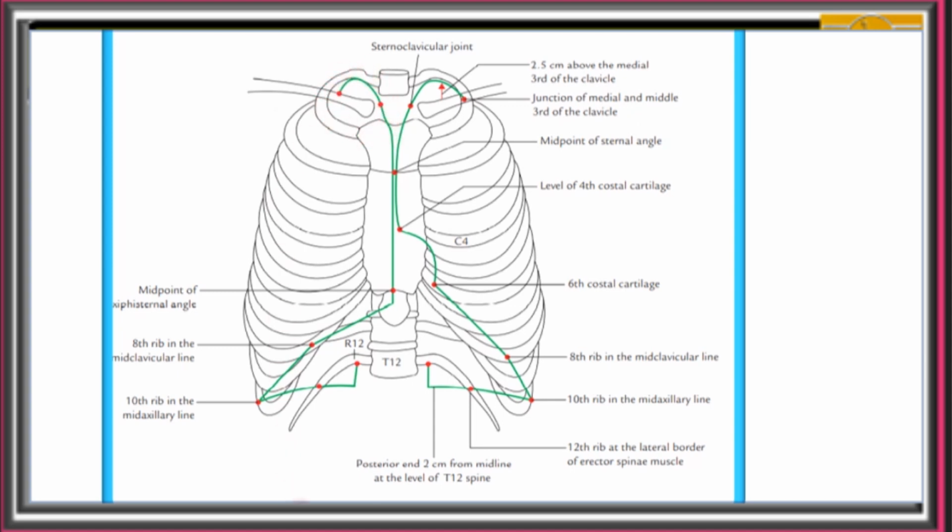Now the points are drawn from first the sternoclavicular joint, that is this joint here, and the next point is the junction of the medial third and the middle third of the clavicle.